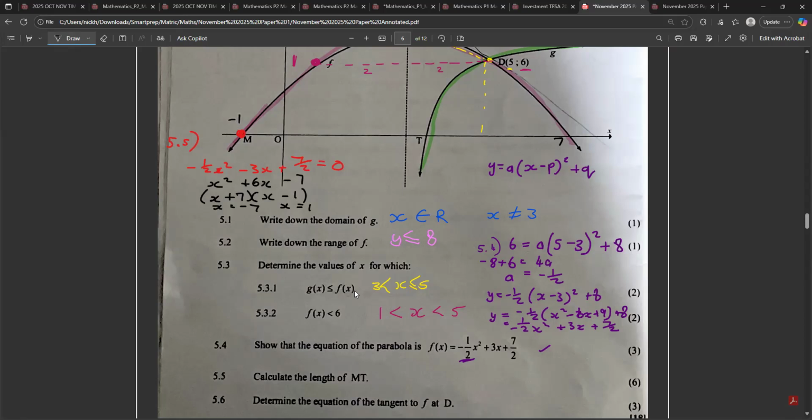Okay, I made a slight error there somewhere. Possibly, oh, yes, because we take out a negative, so that'll change the roots. All right, so we can change this to minus 7 and plus 1, and so we'll get x equals negative 1 and x equals 7.